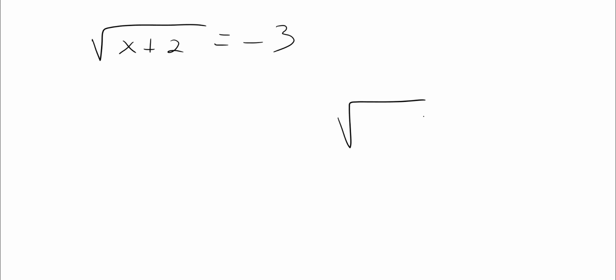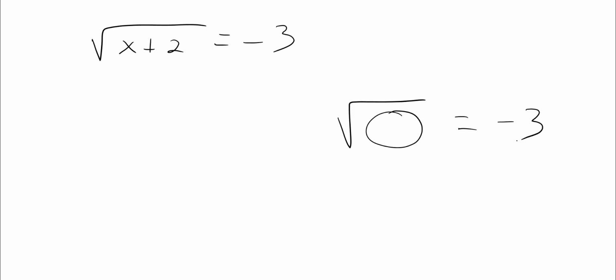Let's see. How about something just a little different here. If I said the square root of x plus 2 equals -3. Now I want you guys to think about this first of all. Is there anything I can take the square root of, I don't care what it is, that gives me a negative value, that gives me -3?